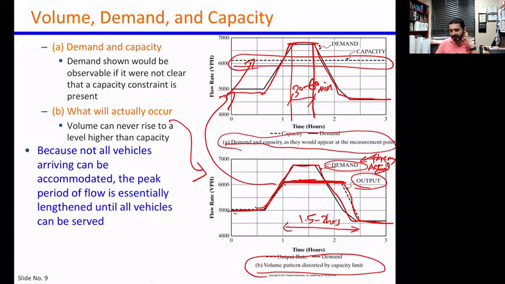Why is this? Because not all vehicles arriving can be accommodated, and the peak period of flow will be lengthened. That flow during that hour is going to be lengthened until all the vehicles can be served. And that can take up to a couple of hours at some locations, depending on how bad the bottleneck situation is there.